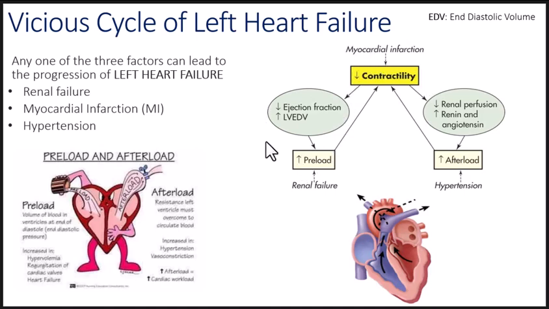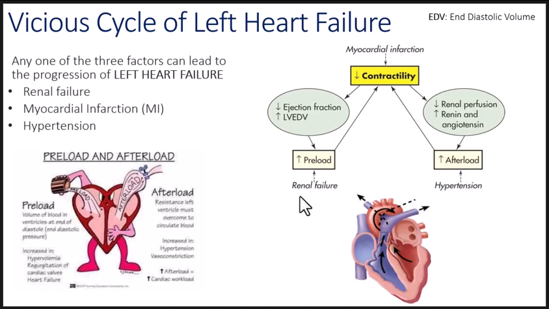So let's say this is already occurring in somebody with left heart failure. If they have a heart attack, it's going to further reduce contractility. If they have hypertension, it's going to cause a further increase in afterload, thinking back to how I described that earlier.